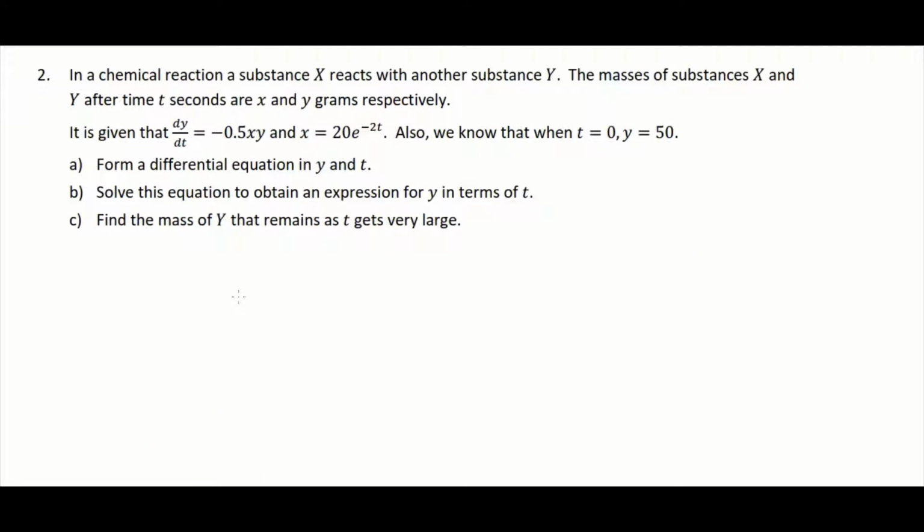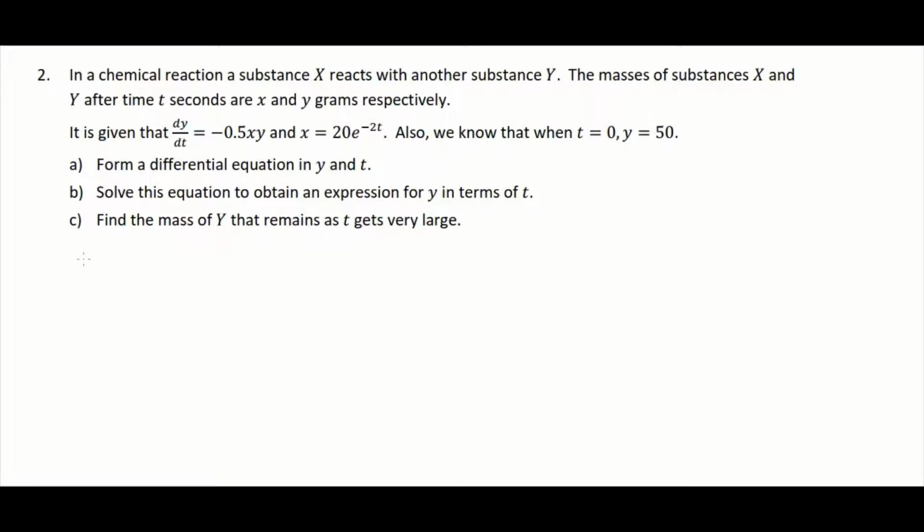Number 2: in a chemical reaction, a substance X reacts with another substance Y. The masses of substances X and Y after time t seconds are x and y grams respectively. So x and y stand for the masses, in grams, and time t is in seconds.